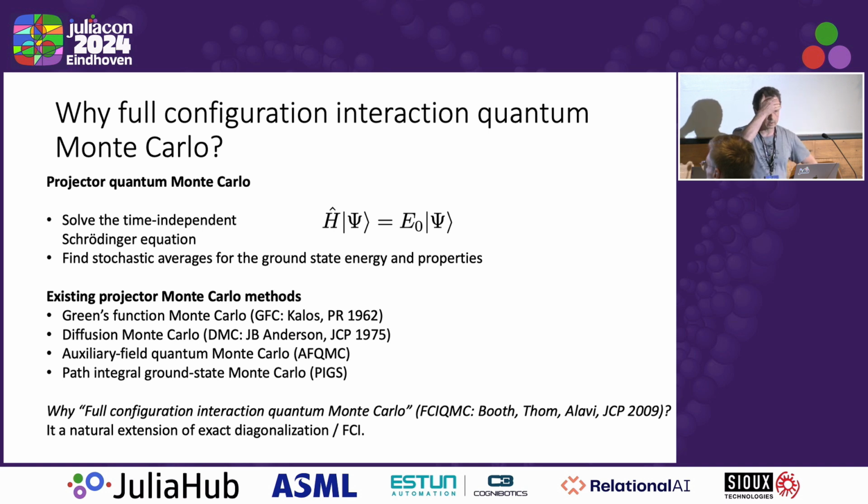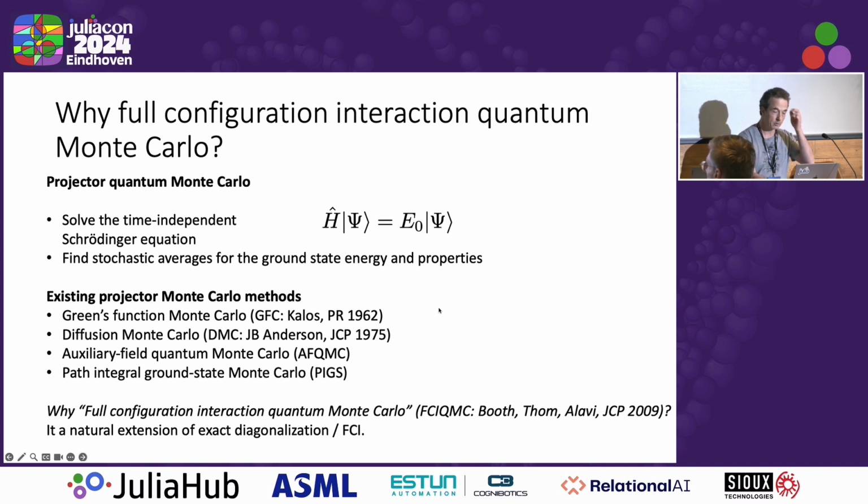So why this particular flavor, full configuration interaction quantum Monte Carlo? It goes back to publications from Alavi's research group in 2009. It's fairly recent, even though the idea of projector quantum Monte Carlo is actually very old.